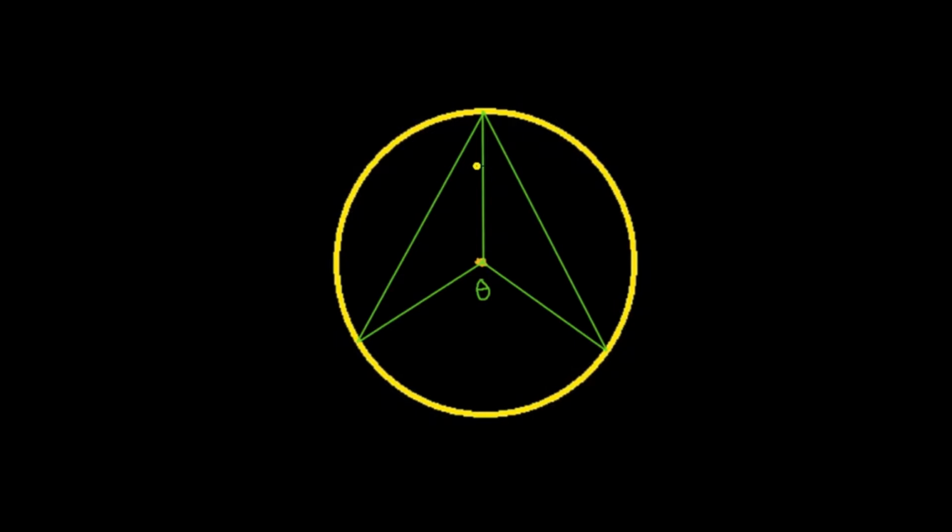So this angle here and this angle here should be the same. Let me call this angle A, then this is also angle A. Similar to this situation here, this is also an isosceles triangle because this side and this side are the radius of a circle, so they have equal length. Then the angle here and the angle here should be the same. So I will call this angle B. Angle B.